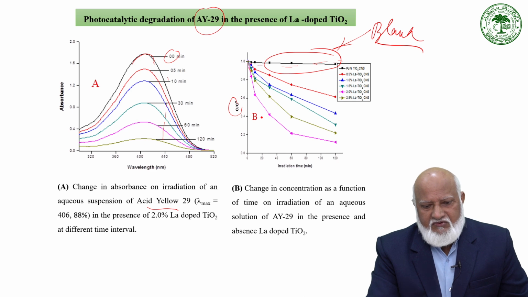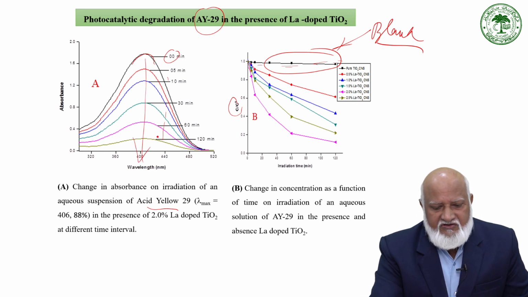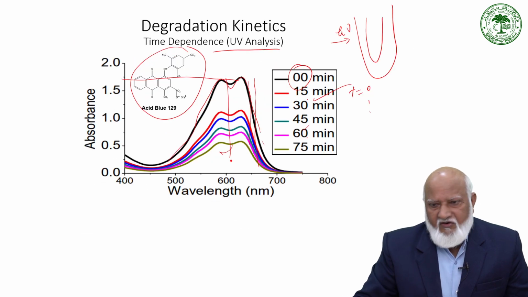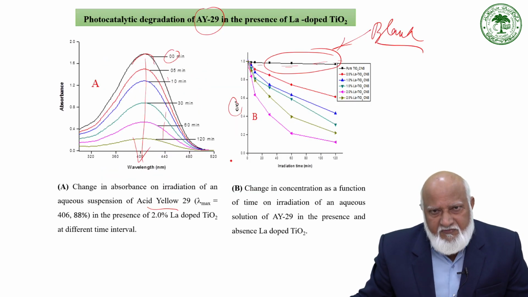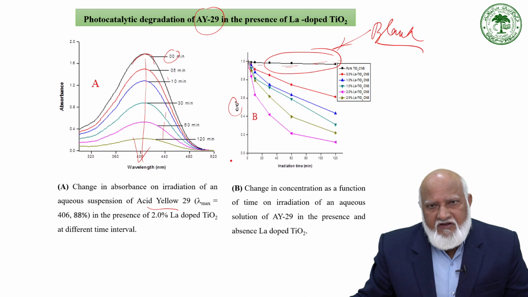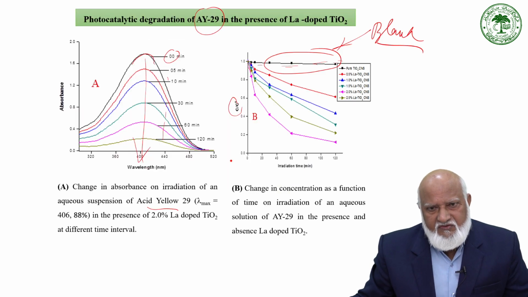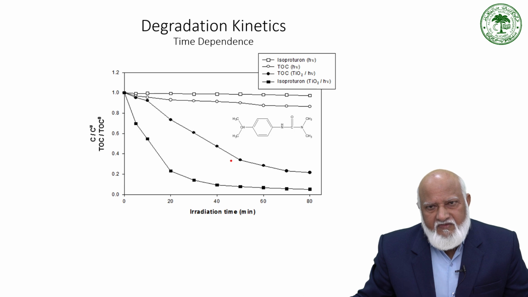So it is definitely in the presence of light that this degradation or decolorization of the dye is taking place. So we need catalyst, we need light, and only then this molecule gets decolorized from a highly colored solution to a colorless solution.